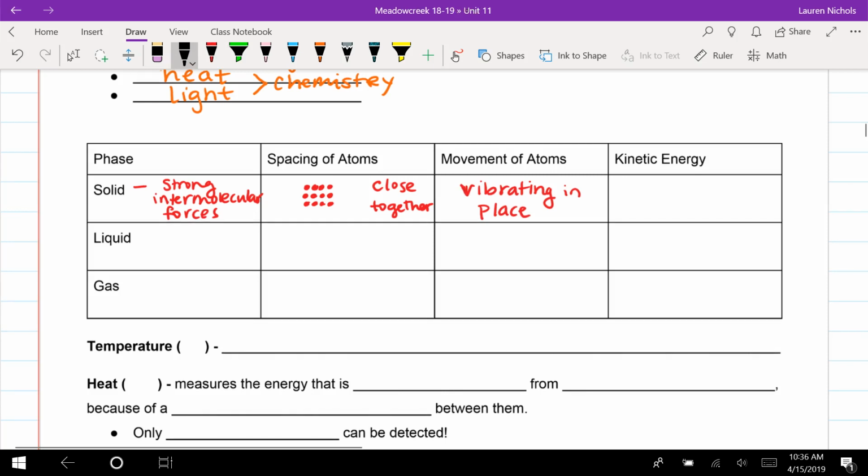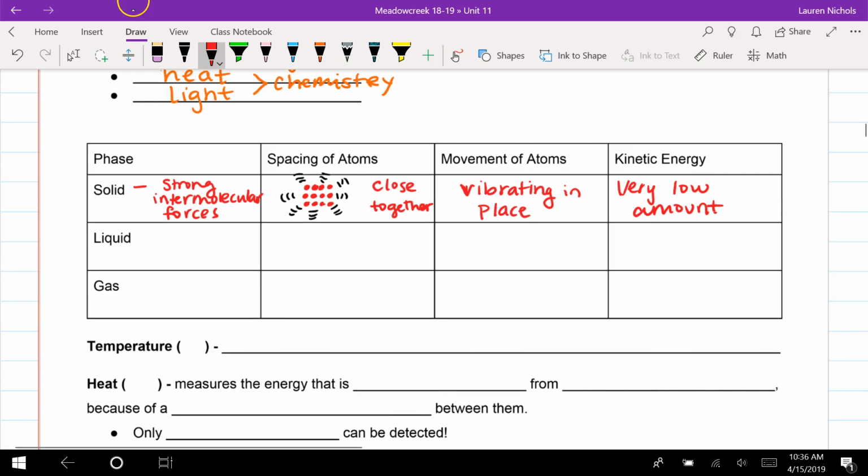And so in a picture, this would look like these little lines that go around it to indicate movement, but specifically vibration. So that's what those little lines mean. And so this means that a solid is going to have a very low amount of kinetic energy. There is not a lot of kinetic energy in a solid.